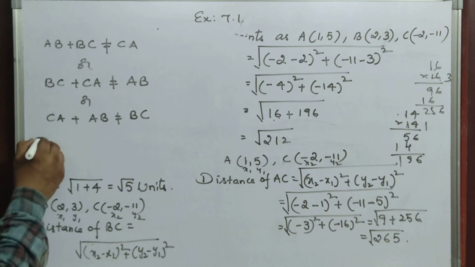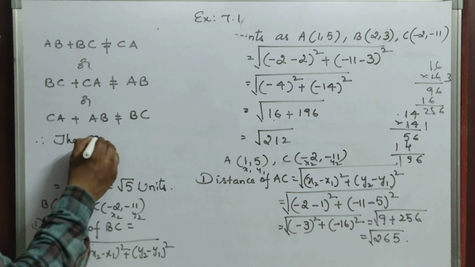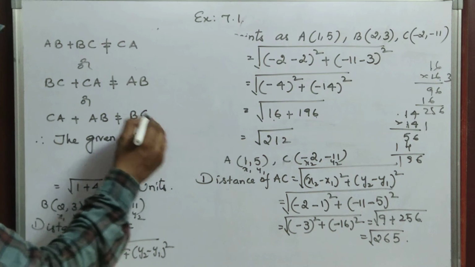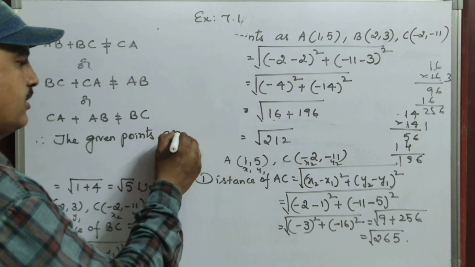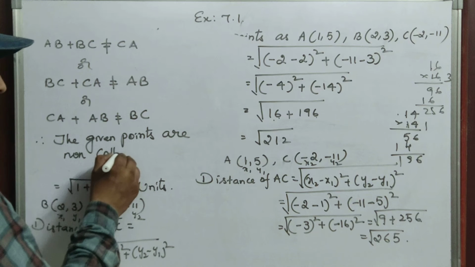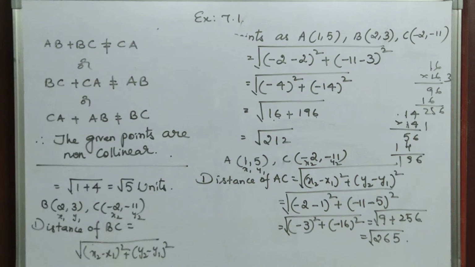That means, therefore, the given points are collinear or non-collinear? The given points are non-collinear. You have to write like this at the end. Okay, children, is it clear?